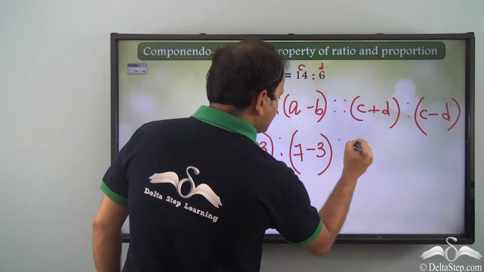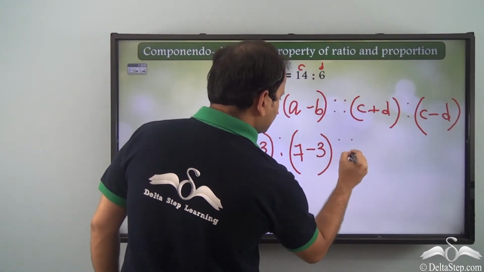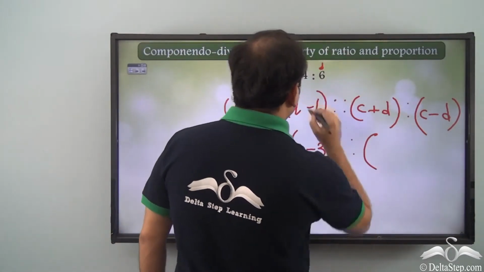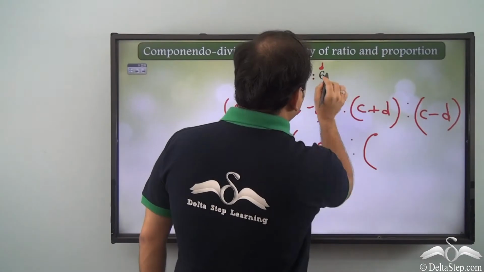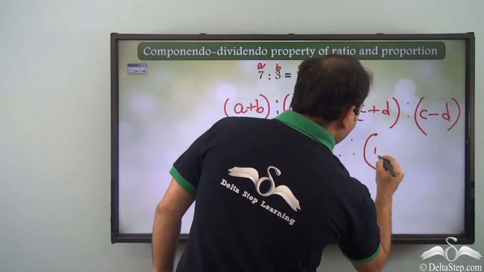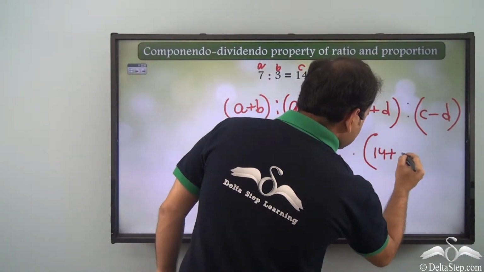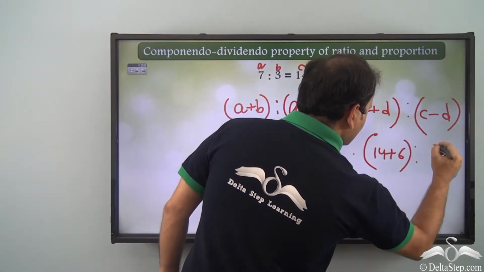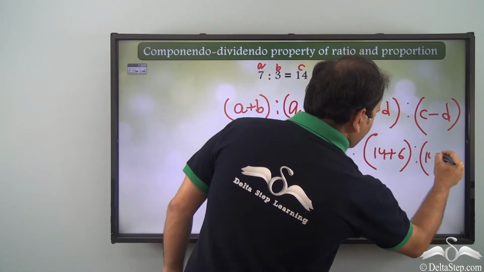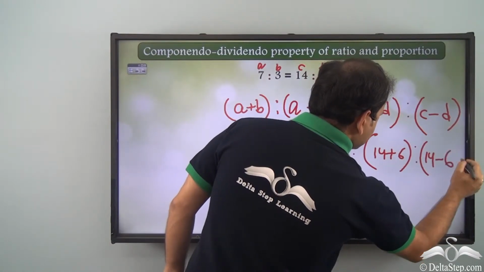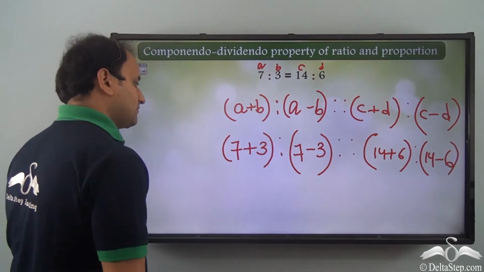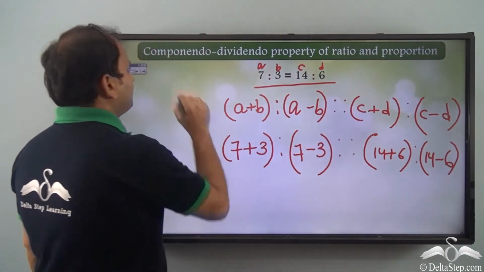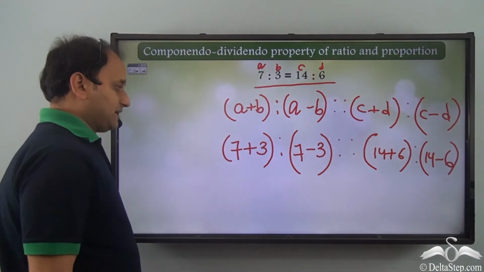This is proportional to C and D, which are 14 and 6, so 14 plus 6 is to 14 minus 6. This is what it can be written as if we apply componendo dividendo property.